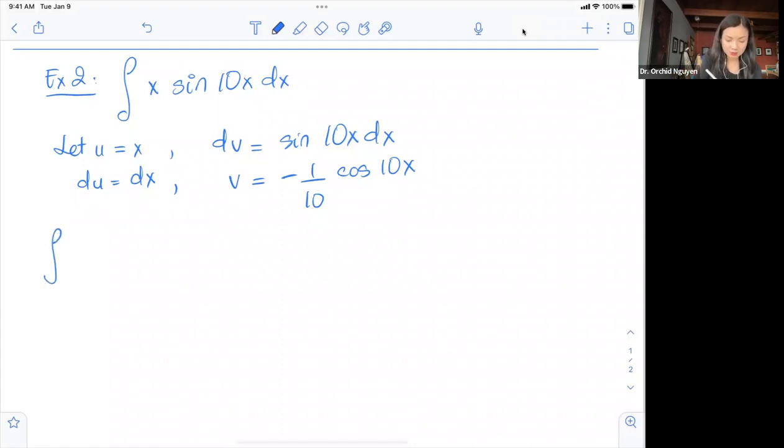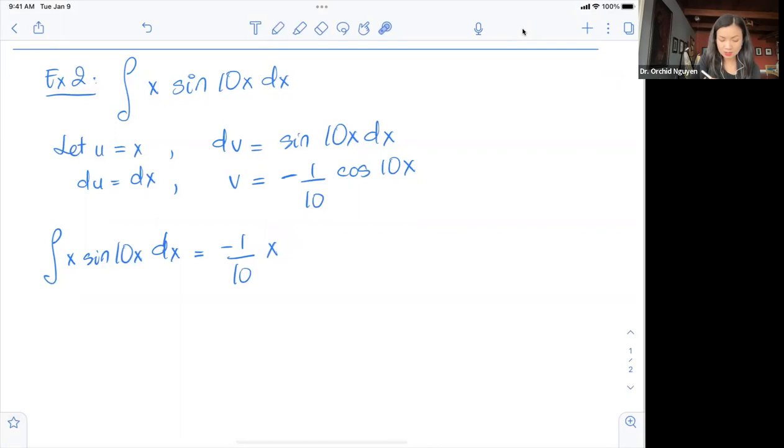So we end up with, this is the original. Now we're going to get u times v. So we have negative 1 over 10 times x.